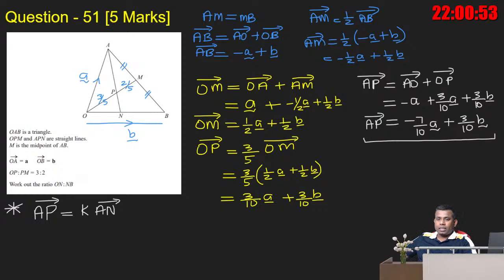So AP vector is what? Minus 7 over 10 A plus 3 over 10 B, that is the AP vector, equal to k times AN vector, right? AN vector, we don't know.